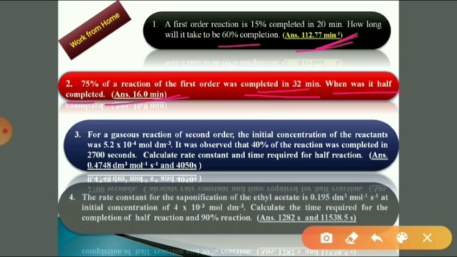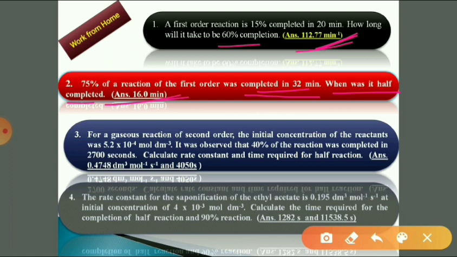The third problem is for a gaseous reaction of second order. The initial concentration of the reactant was 5.2 into 10 to the power minus 4 mole per dm cube. It was observed that 40% of the reaction was completed in 2700 seconds.